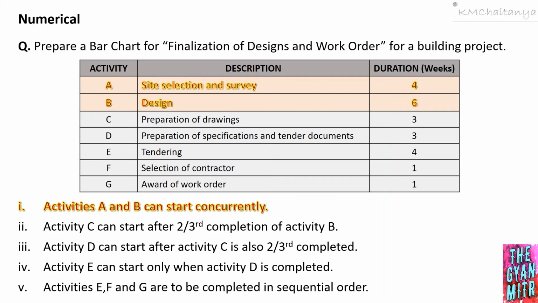Therefore, from the relation, both activities A and B can start at the same time, and the duration of the activities can be seen from the table. Activity A, that is site selection and survey, takes 4 weeks, and activity B, that is design, takes 6 weeks. Now let's see how to draw the Gantt chart for these two activities.